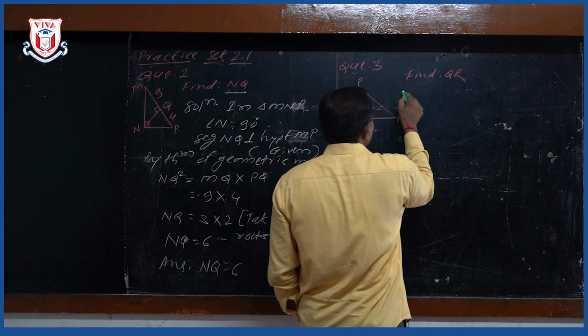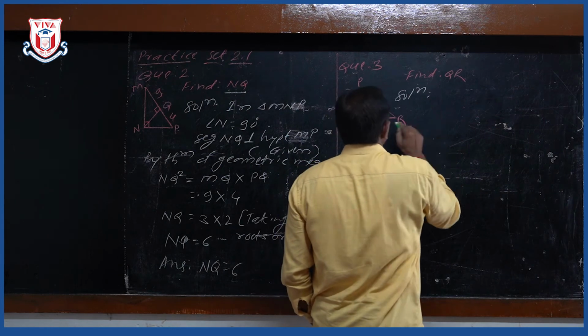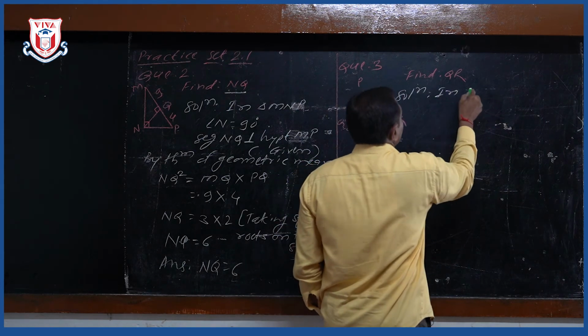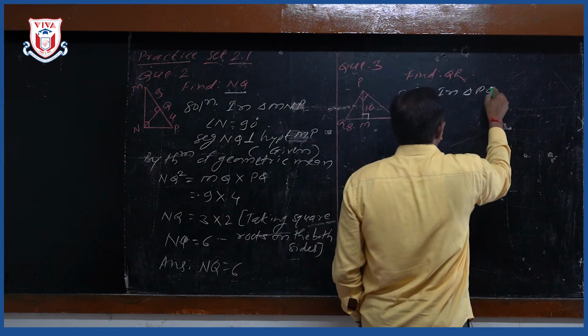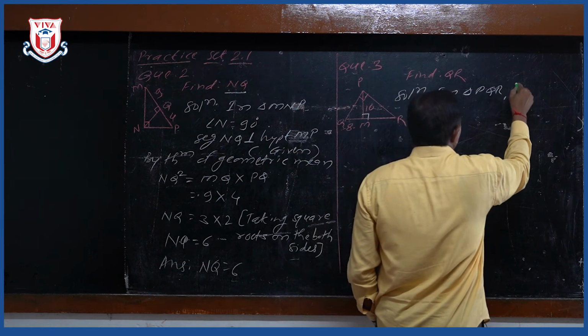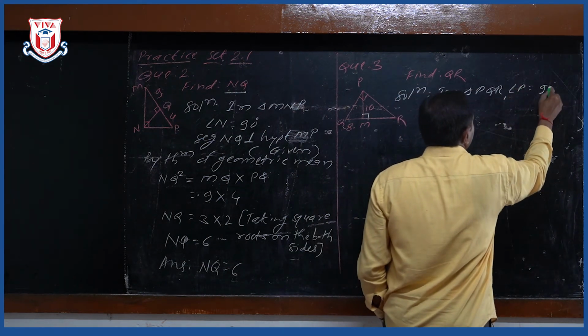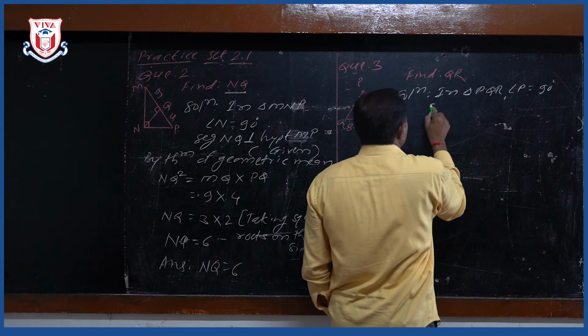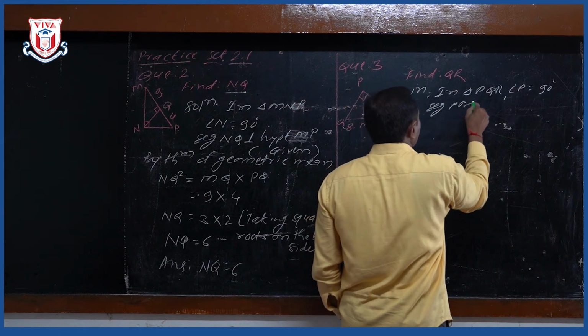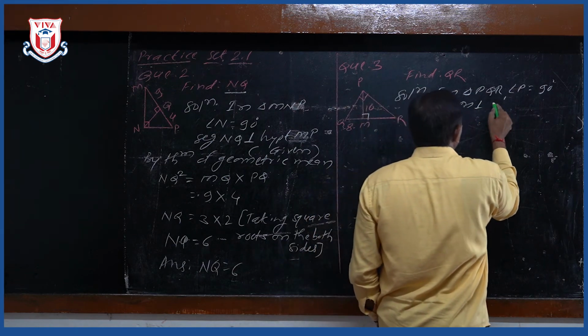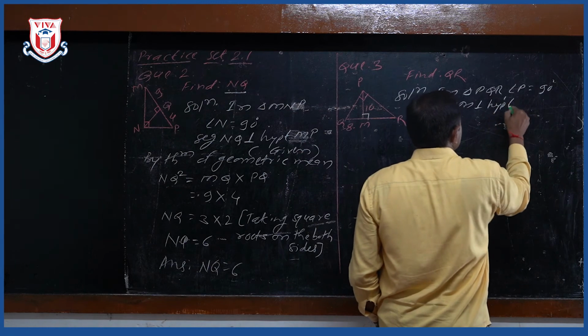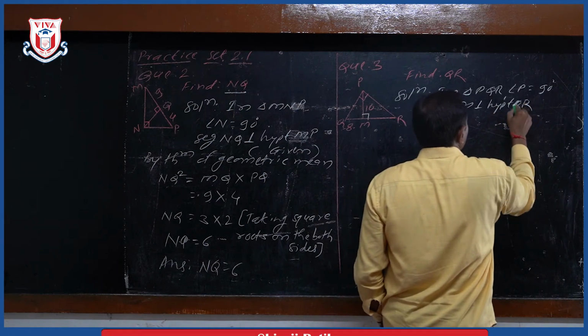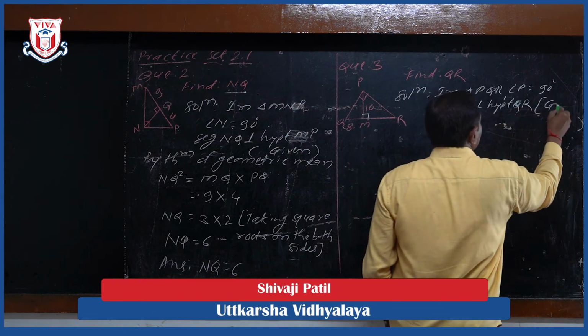Hence the solution: in triangle PQR, angle P is 90 degrees, segment PM is perpendicular to hypotenuse QR, given.